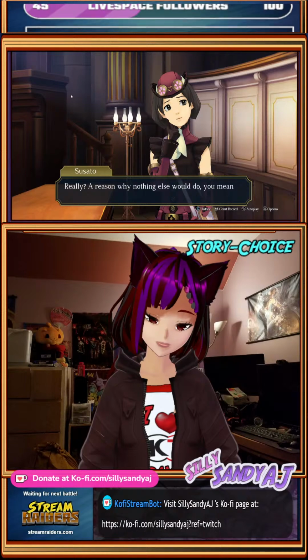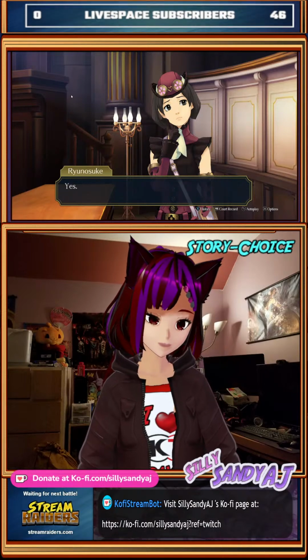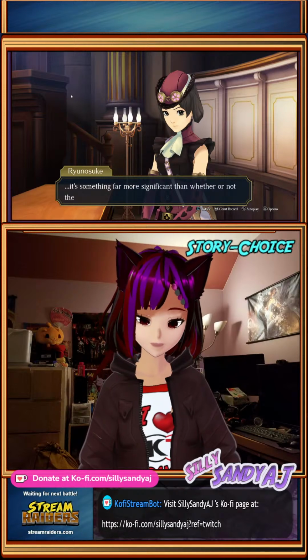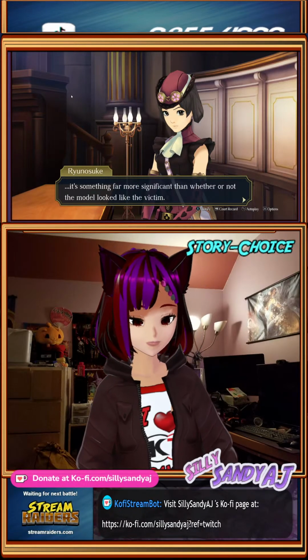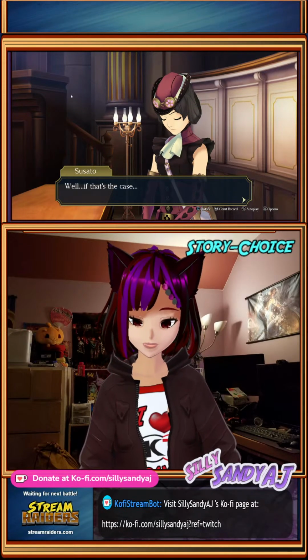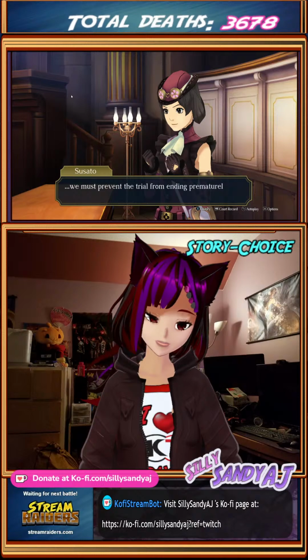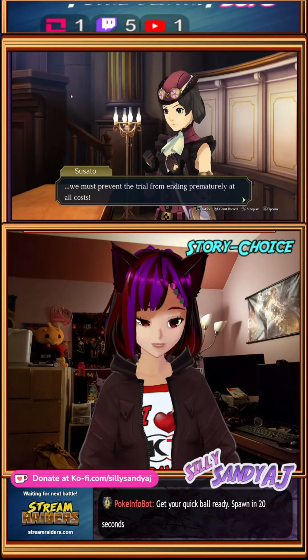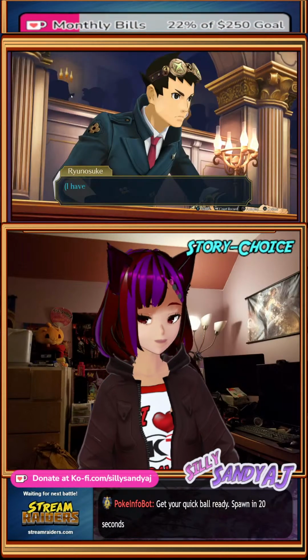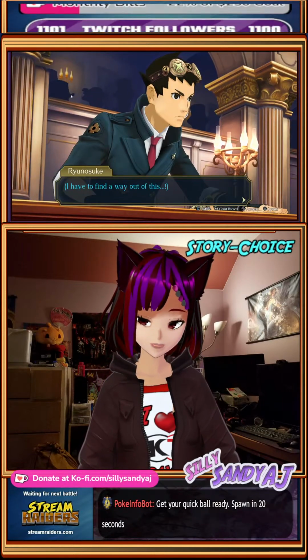A reason why nothing else would do, you mean? Yes, and why I'm convinced it's something far more significant than whether or not the model looked like the victim. Well, if that's the case, we must prevent this trial from ending prematurely at all costs. Yes, agreed. I have to find a way out of this.